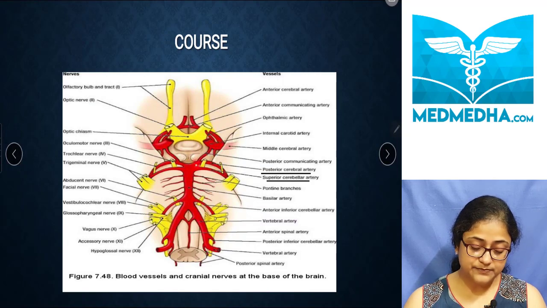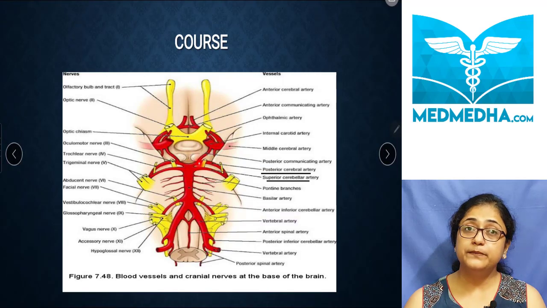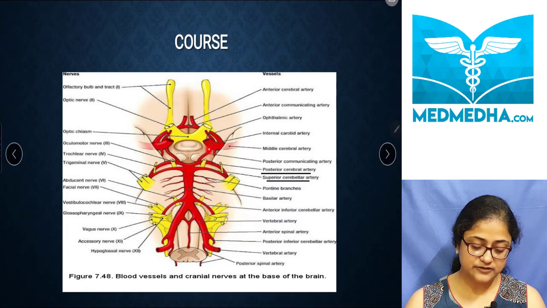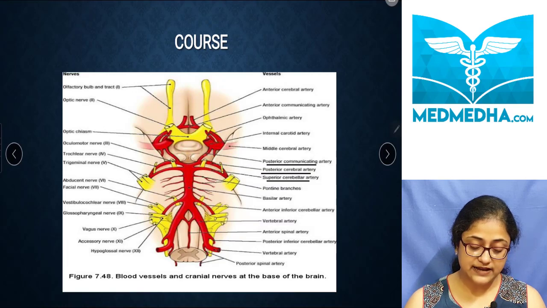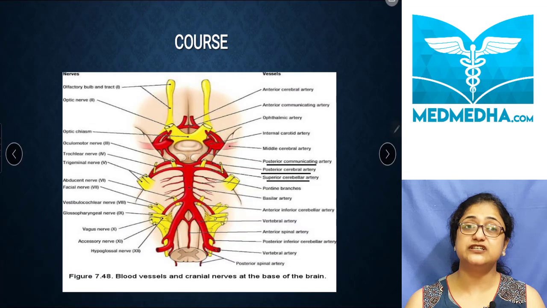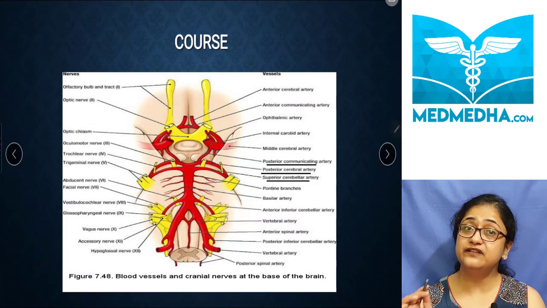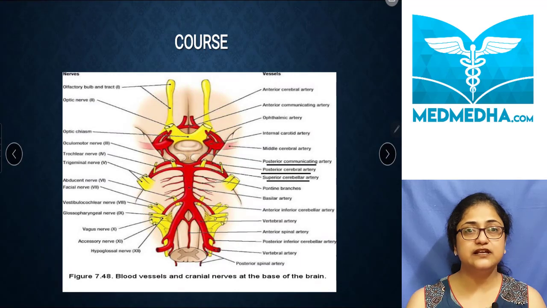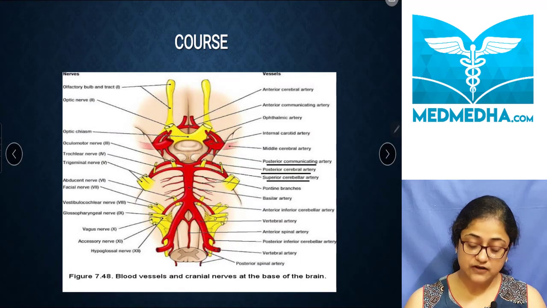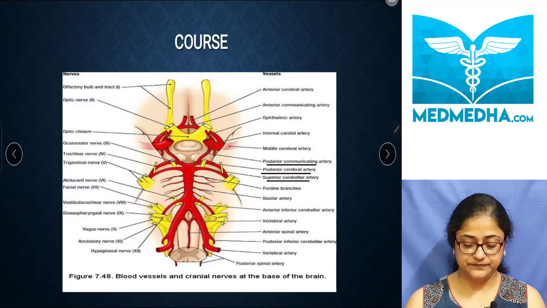Now, we know that this posterior cerebral artery, in order to complete the circle of Willis, connects with the internal carotid artery through a branch of the internal carotid artery, which is the posterior communicating artery. Now, you can see this oculomotor nerve lies on the lateral side of that posterior communicating artery. So, that would be the second vascular relation. So, first it is lying between two arteries, then it lies on the lateral side of the posterior communicating artery.